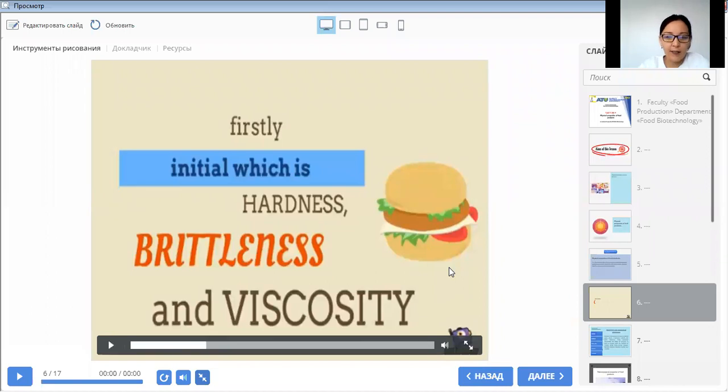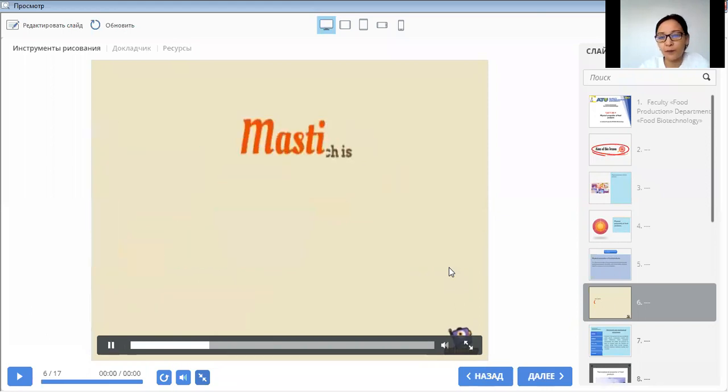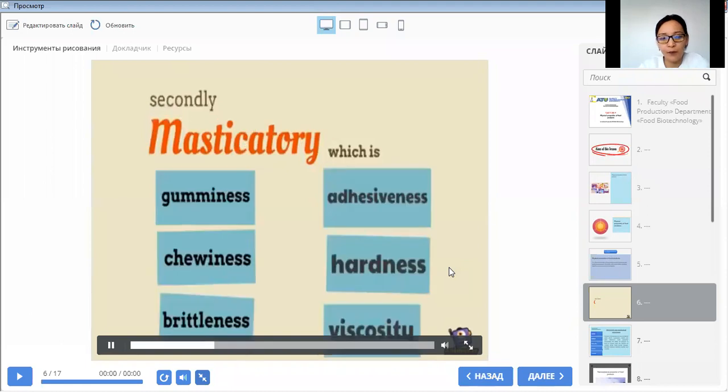Initial characteristics of food and food products include hardness, brittleness, and viscosity. The second group is masticatory, which includes gumminess, chewiness, brittleness, adhesiveness, hardness, and viscosity of food products.